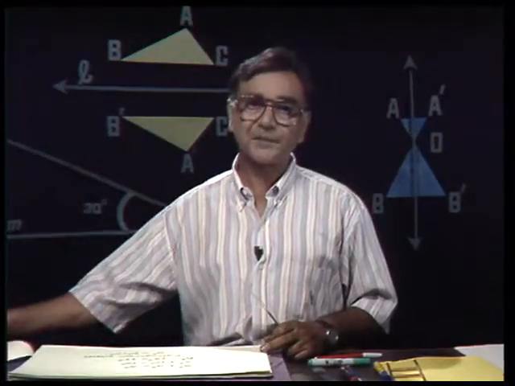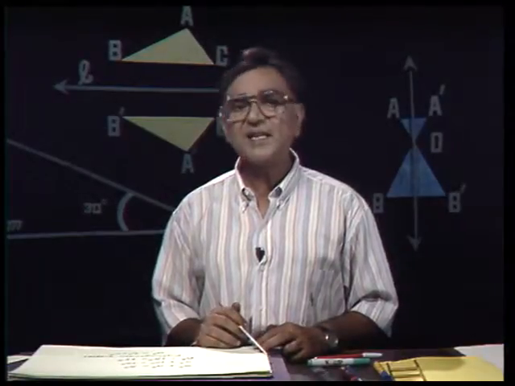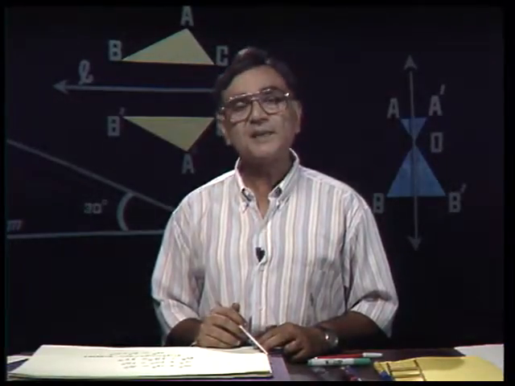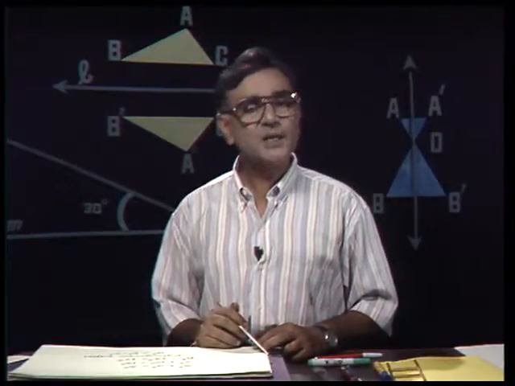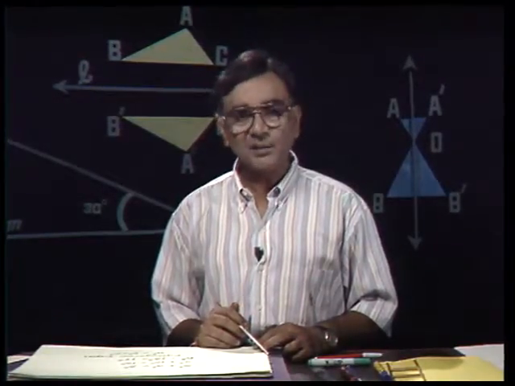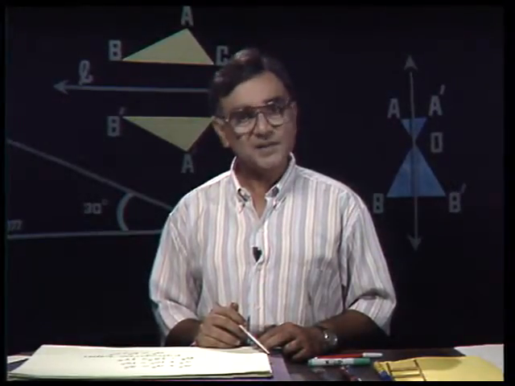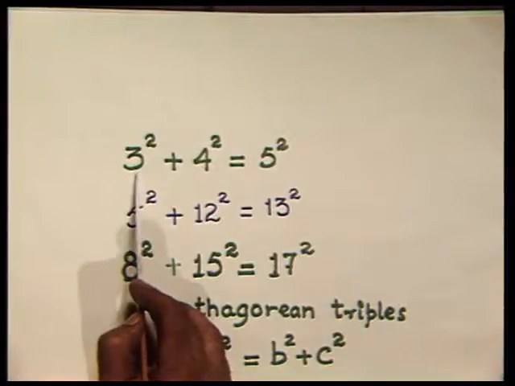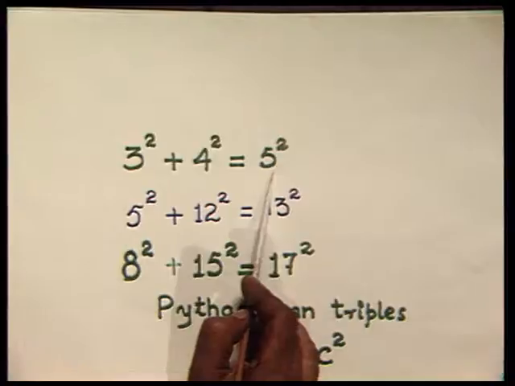Now, if we have three numbers which satisfy this condition, that is the square on one number plus the square on another number is equal to the square on the third number, then these numbers are called Pythagorean triples, like 3 squared plus 4 squared is equal to 5 squared.